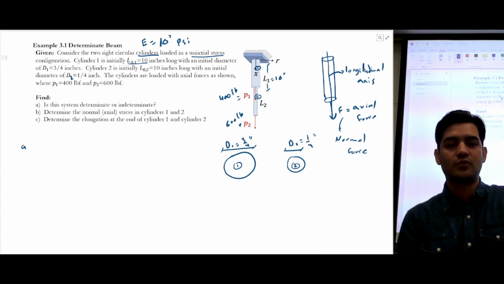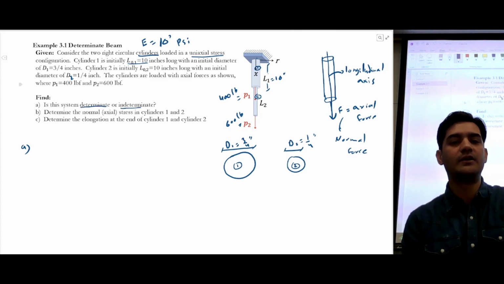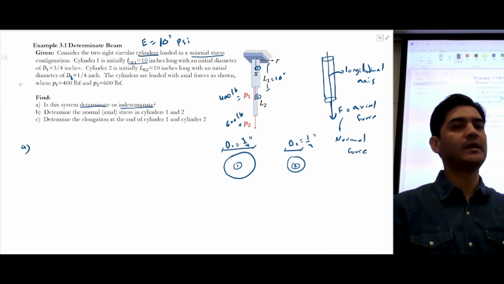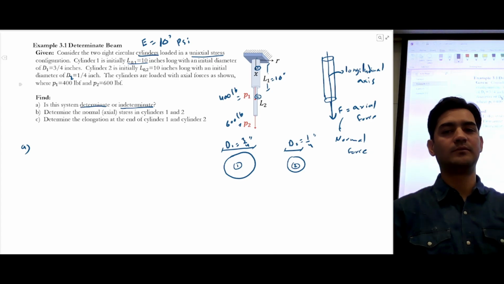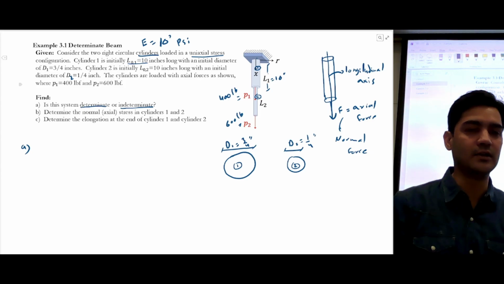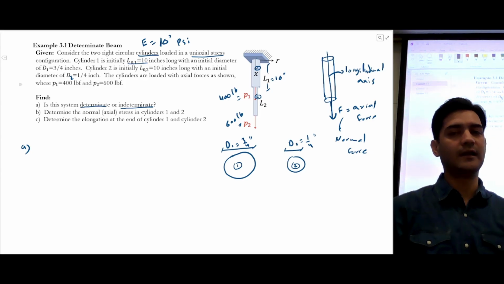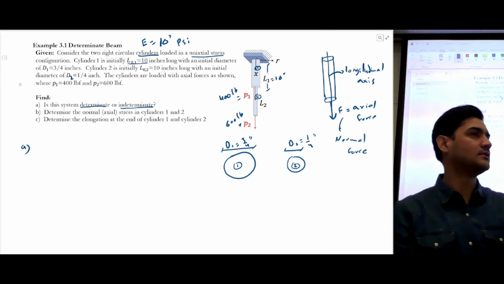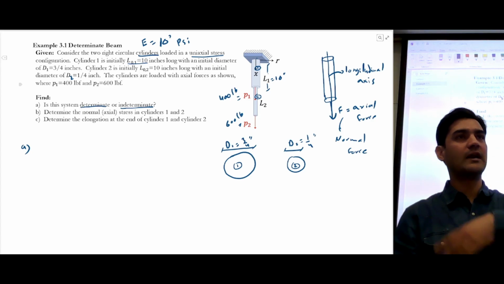The first question is whether the system is determinate or indeterminate. If you have some experience, you can figure this out even by looking at the problem. But if you cannot figure it out from the figure, we can try to solve it.